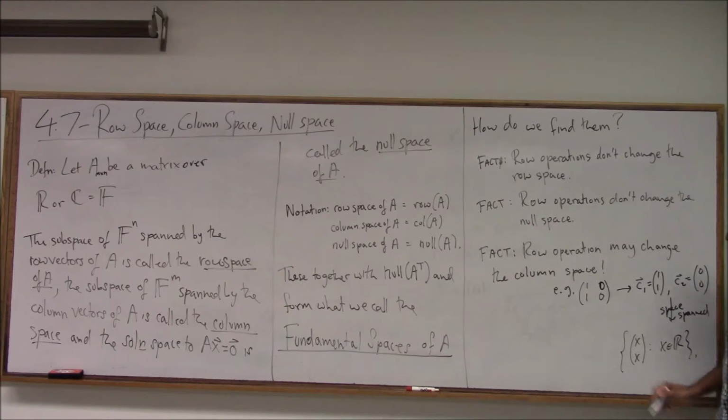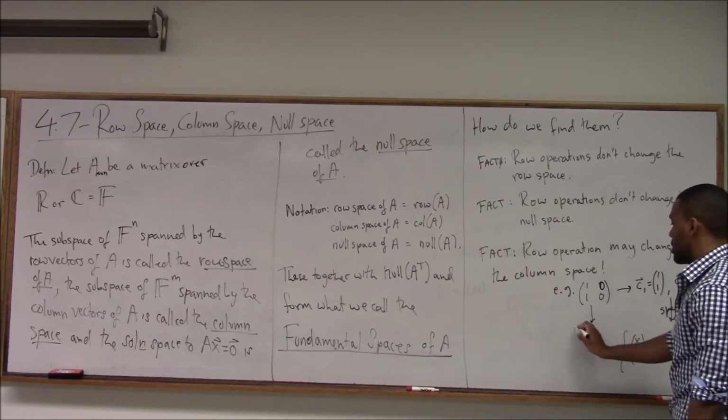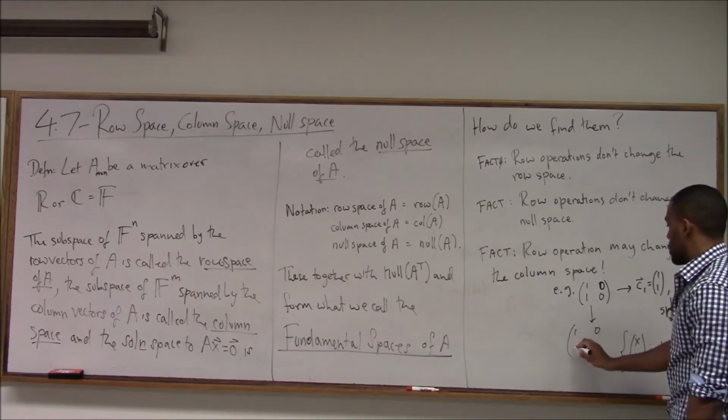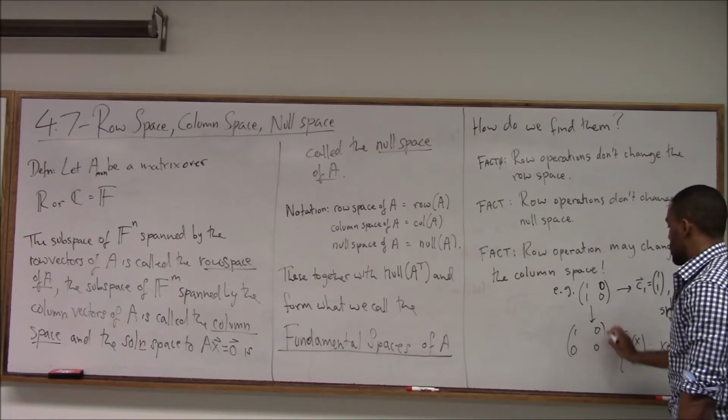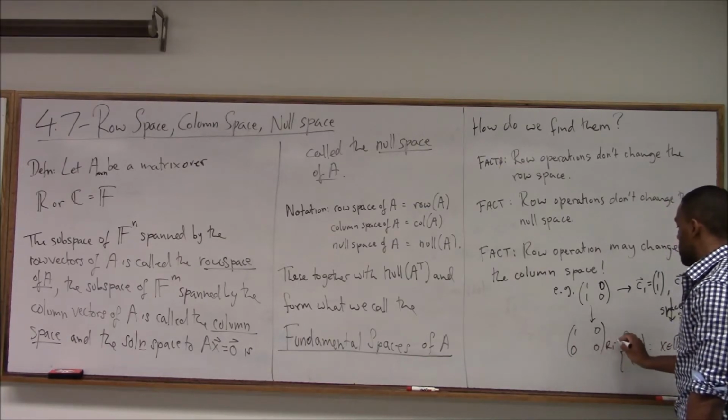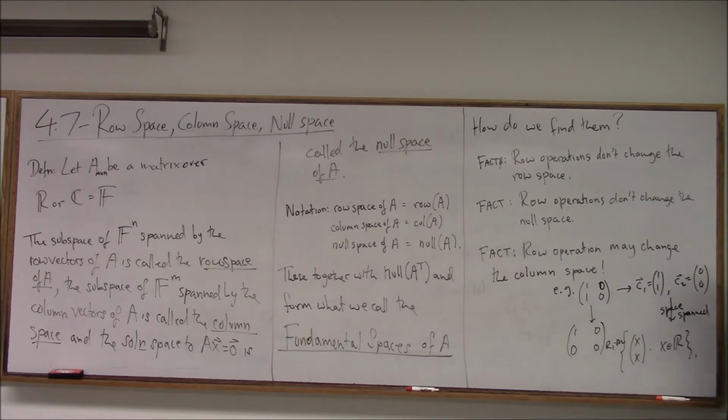However, if you do a row operation on this, let's say I took row 1 minus row 2, what space do the column vectors span now? Only things on the x-axis.